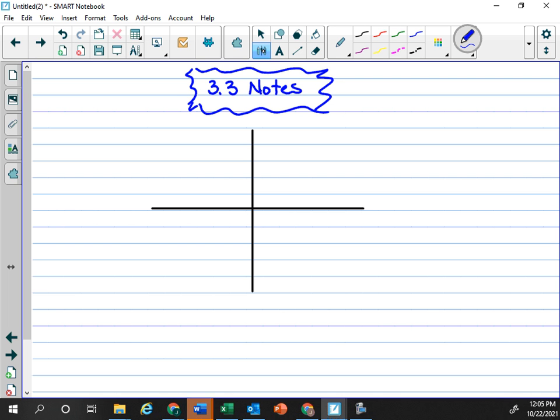In the first quadrant, we know x is positive and y is positive, right? In the second quadrant, what is happening? What about in the third quadrant? Both are negative. In the fourth quadrant, the y values are negative.